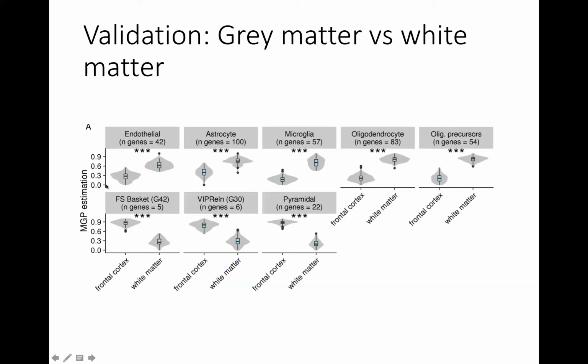In white matter, there are relatively fewer neurons and more glia, and that's what we see. For all the neuron types that we test, we see lower levels in white matter than in cortex, and the opposite for glial cell types and other cell types. So that's good, but not terribly exciting, or it's fairly obvious.